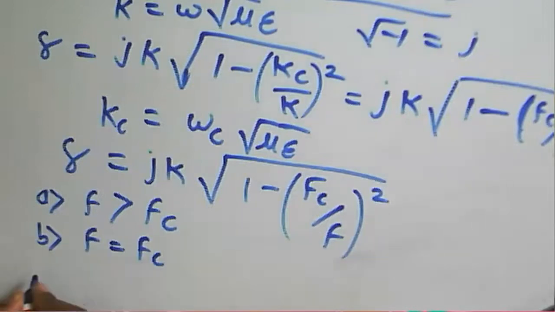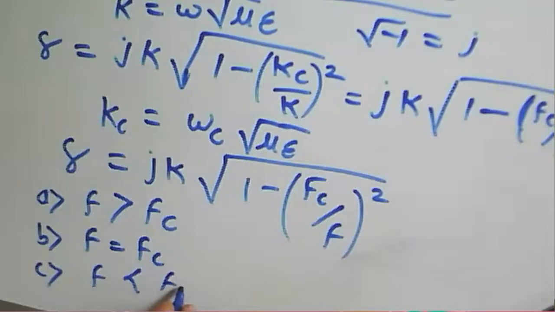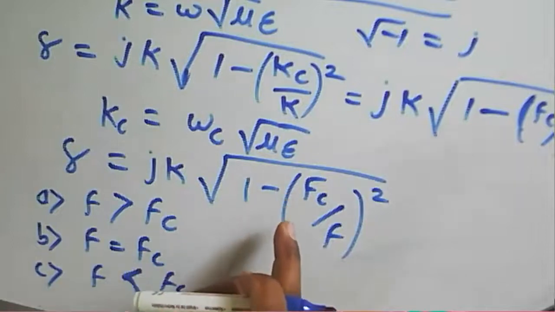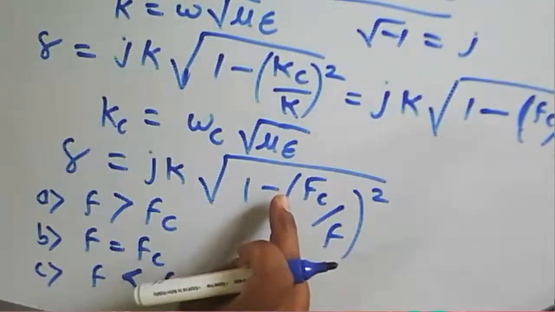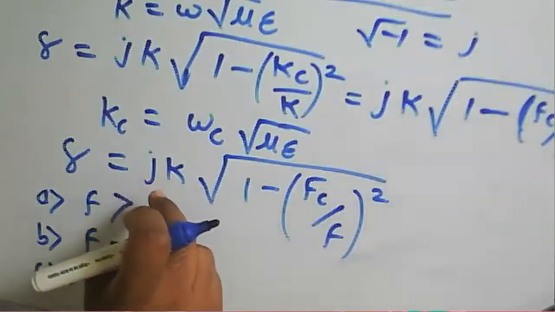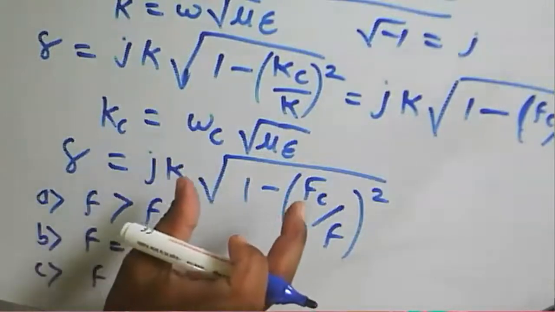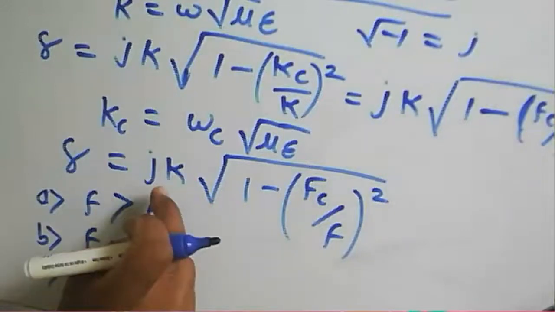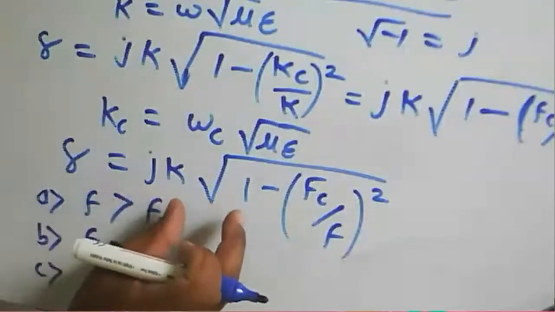And in another case, if f is smaller than fc, then the term under the root becomes negative, so this is minus j here. The j cancels, so it has only a real term.